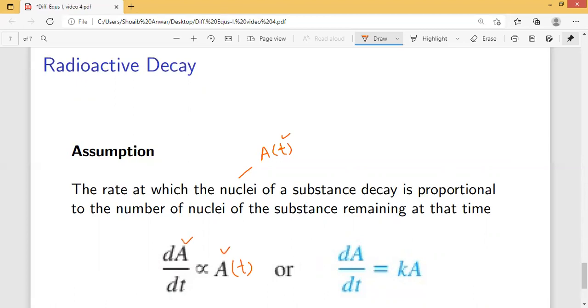Similarly, to remove the proportionality sign, we use k as a constant of proportionality, which can be regarded as the decay rate.